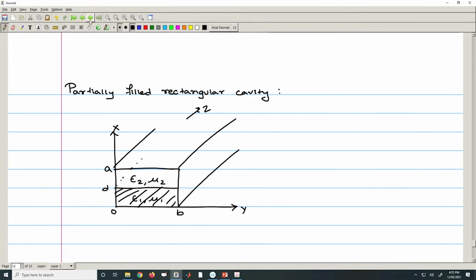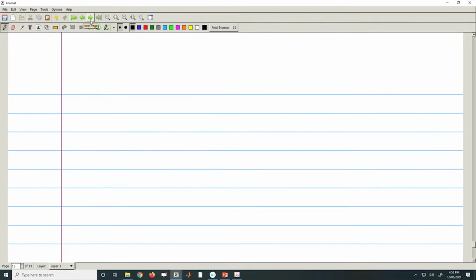For this we can write the potential functions as, to start with, psi 1 TM will be C1 cos of kx1 x sin n pi y by b sin p pi z by c.